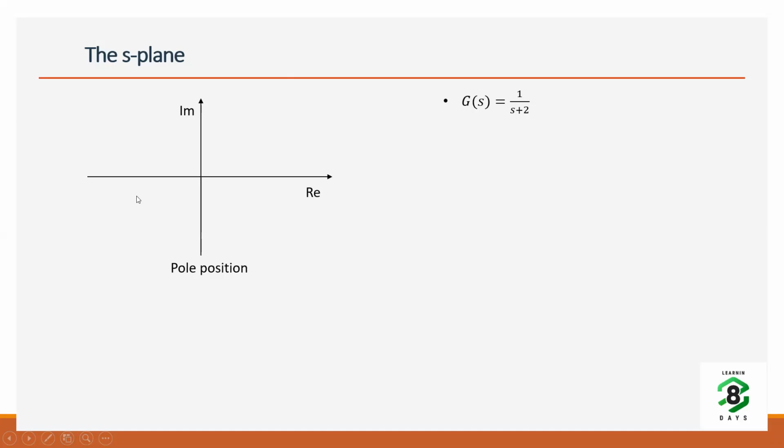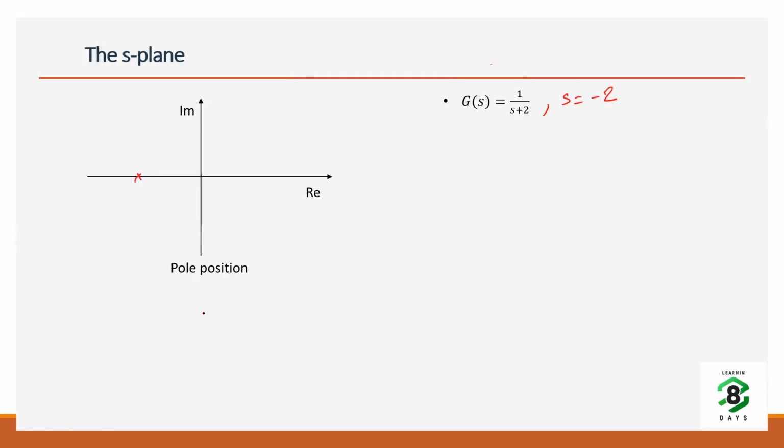The location of your pole on this S-plane again gives you conclusive information about the stability. So if S is equal to -2, this is a system which is stable, we said. Where the root is located, if you plot it over here, it will be on the negative side.